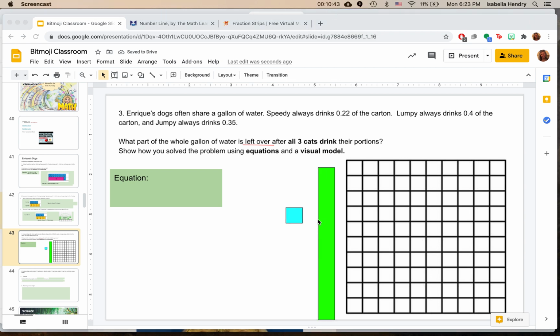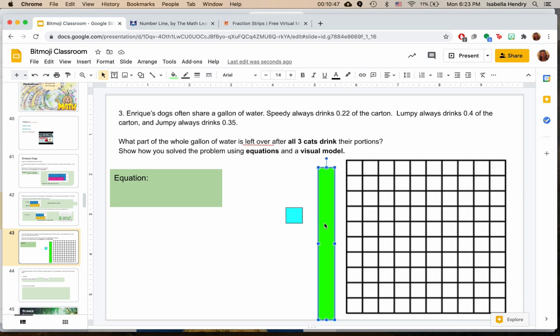Okay, so Speedy is 2/10. And 2/100. Lumpy is 4/10. So I got to get 4 of these bars.